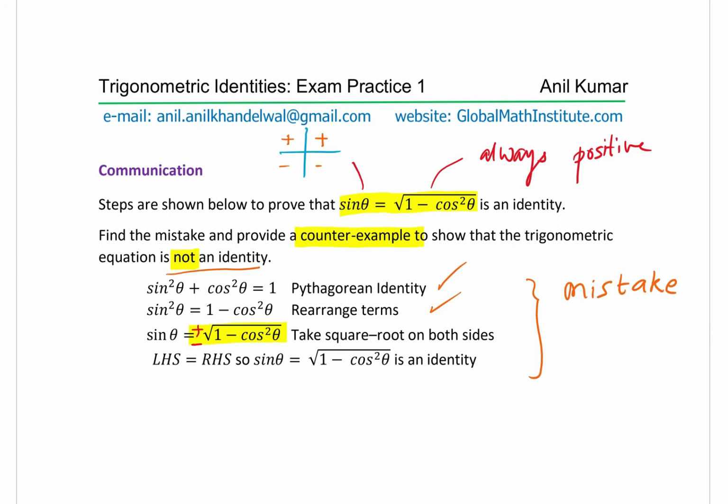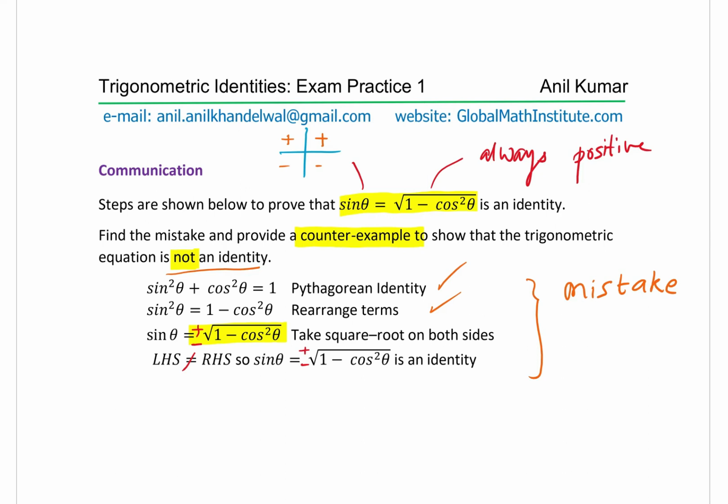So the expression should have been plus and minus, not just plus. And therefore, clearly it is not matching. So this statement is left side is not equal to right side. Since the right hand side does not have plus and minus sign, we could show that there is a mistake and it is not an identity.